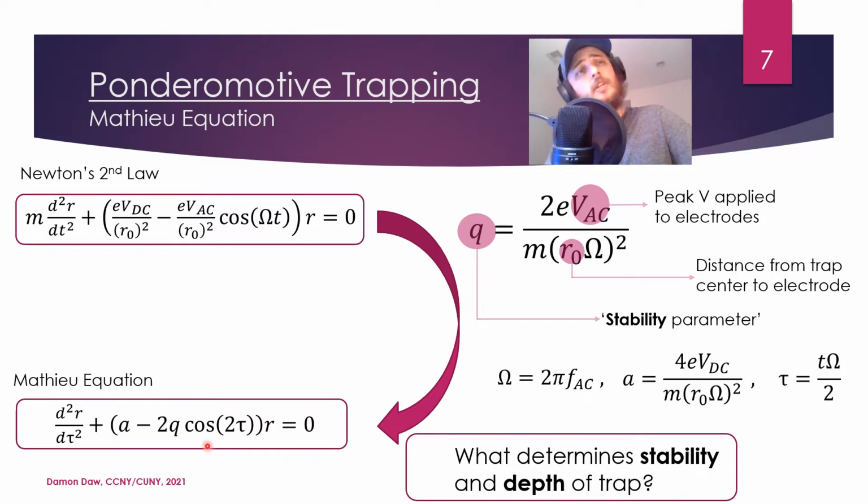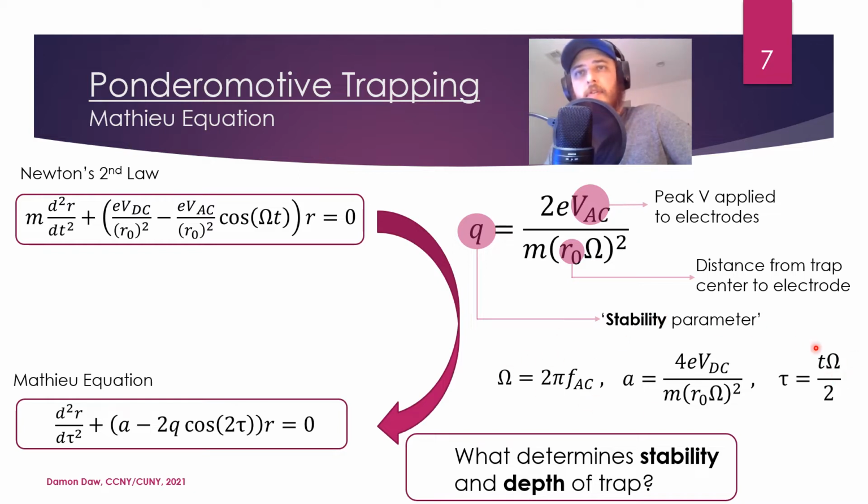So one of them is this q parameter. And some of the components of this parameter are the peak AC voltage, the mass of the thing you're trapping. This r_0 is the distance from the trap center to the nearest electrode. And this q parameter is typically known as the stability parameter.